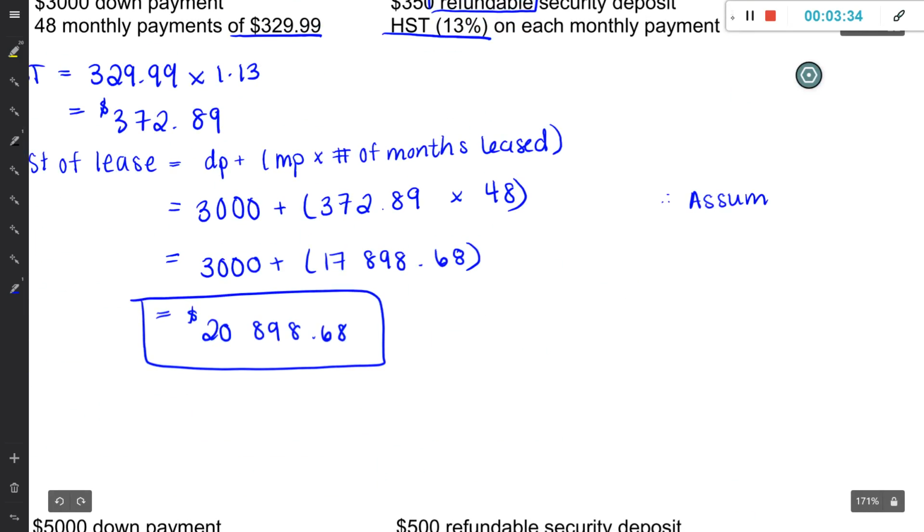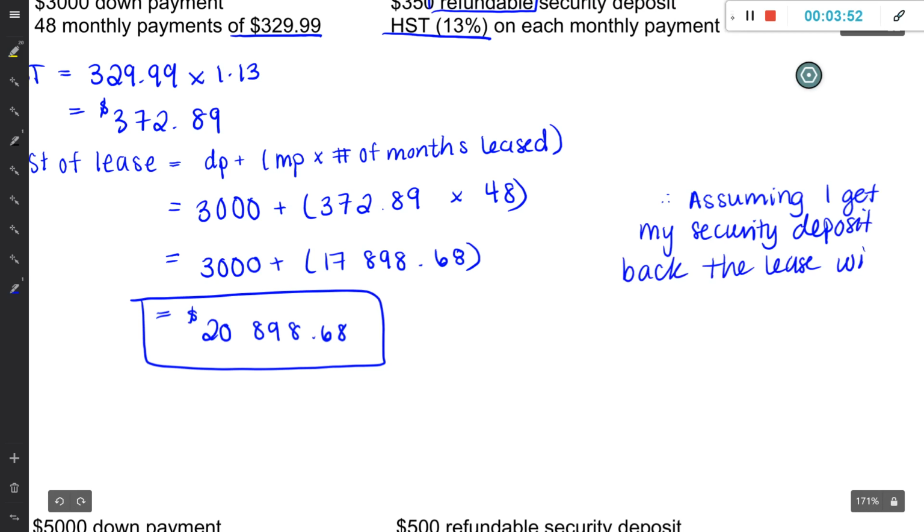Assuming I get my security back, the lease will cost me $20,898.68 over 48 months.